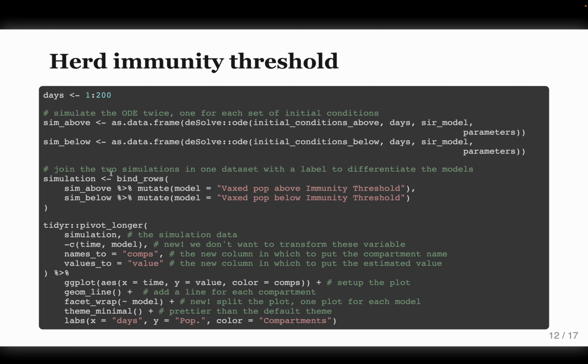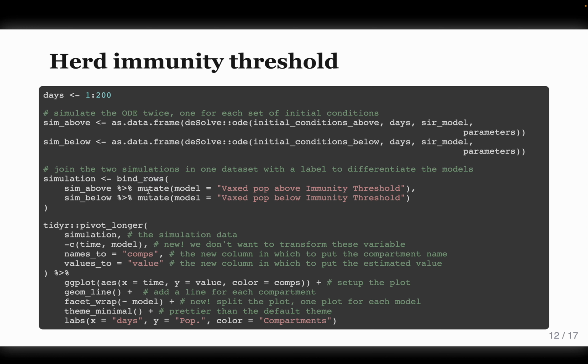Once we created our simulations as data frames, we can bind them by row, that is, put one data frame on top of the other. We can use the bind_rows function for this. But we also want to mark the two simulated data sets in order to recognize them. So we can add an extra variable, which we can call model, which defines from which simulation the data comes: one for the population at the immunity threshold, and one with the population below the immunity threshold.